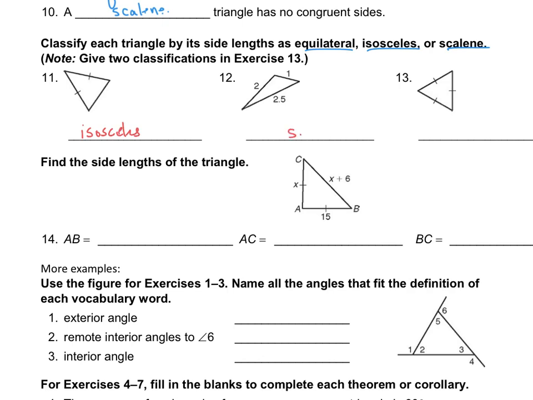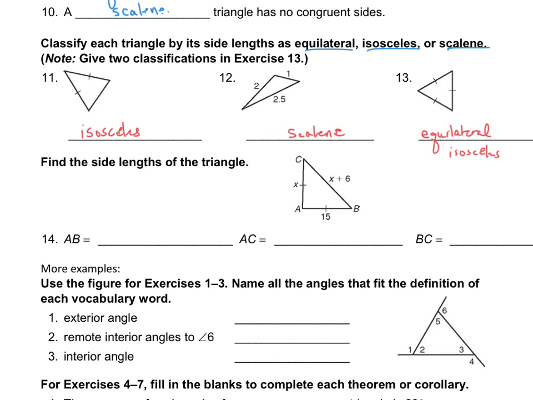This is scalene. And then on this one, equilateral. And these are all the same. We can also say it's isosceles, right? Because isosceles has to have at least 2.